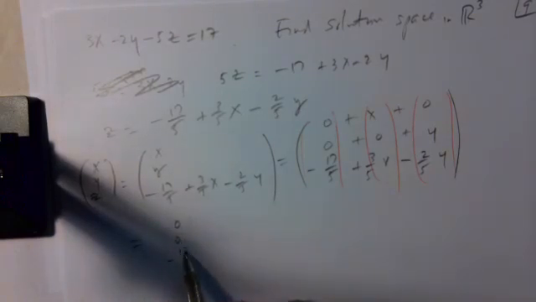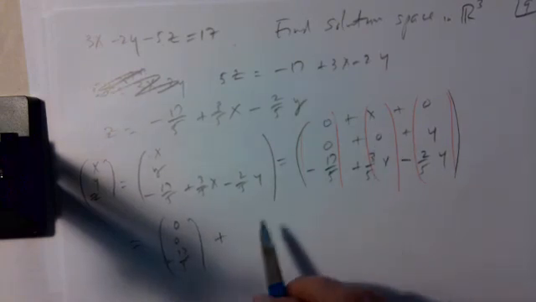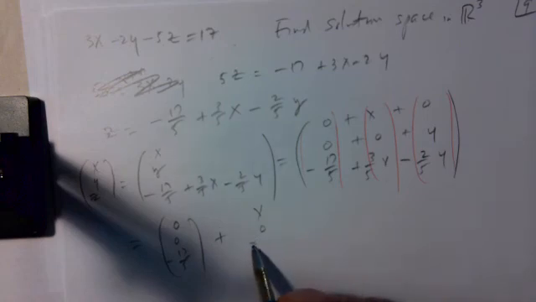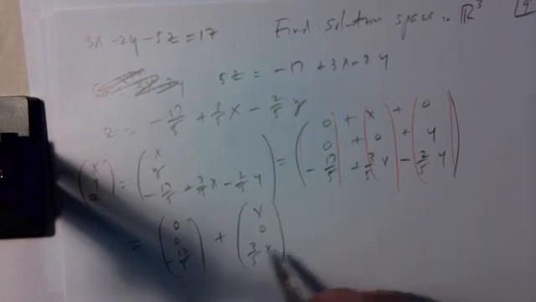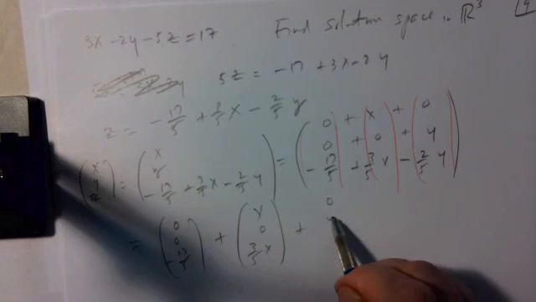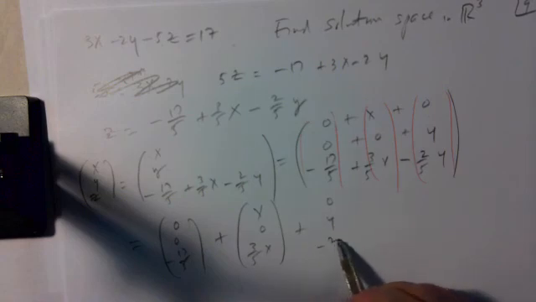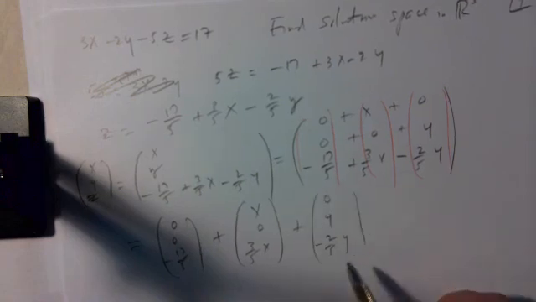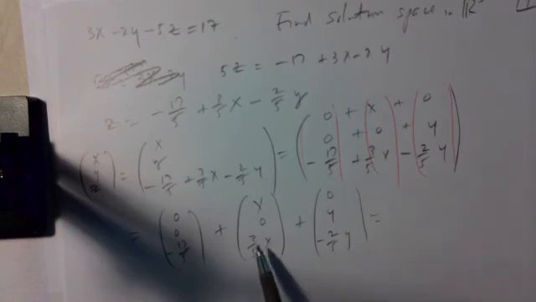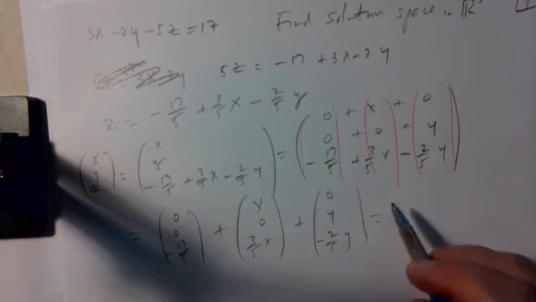This is 0, 0, minus 17 over 5, plus this x, 0, 3/5 x, plus this 0, y, minus 2/5 y. And I can factor out an x from this vector and a y from this vector.